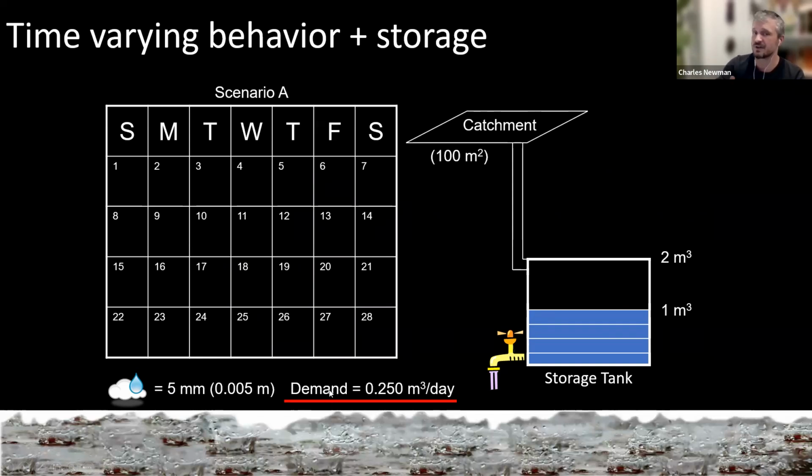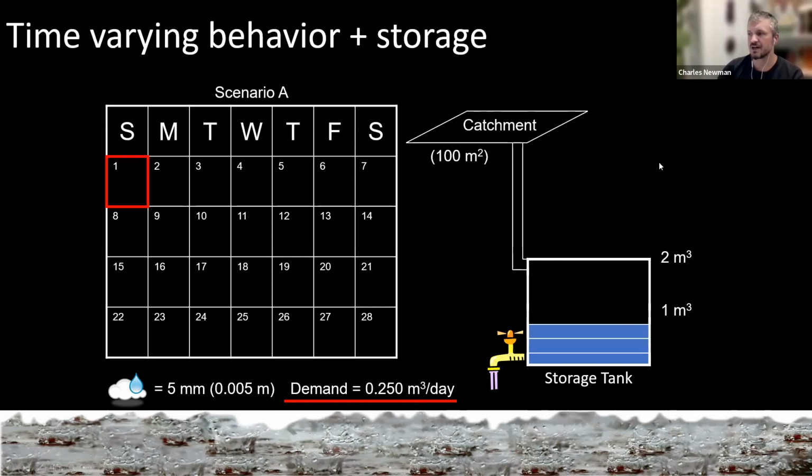Demand, which you are going to have to define yourself in your response, we have here as 0.25 cubic meters per day. And we have a 100 square meter catchment area and a basic 2 cubic meter tank that starts off half full. Let's run through the days here.